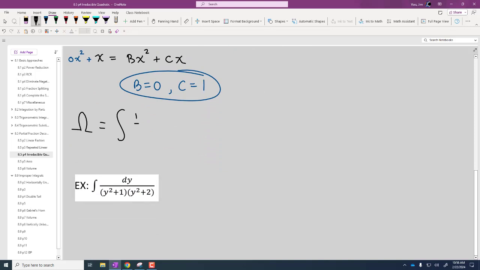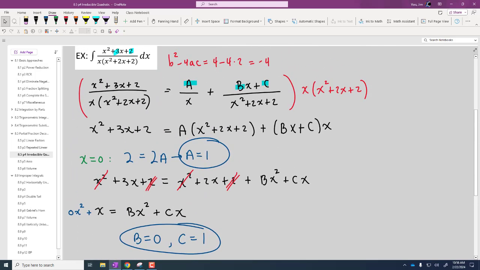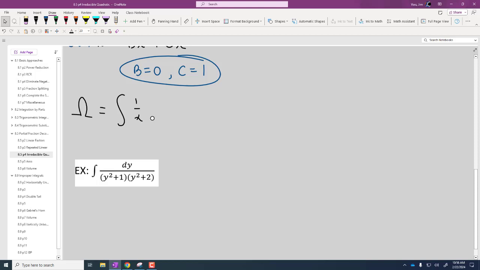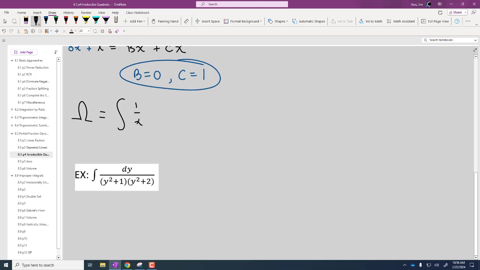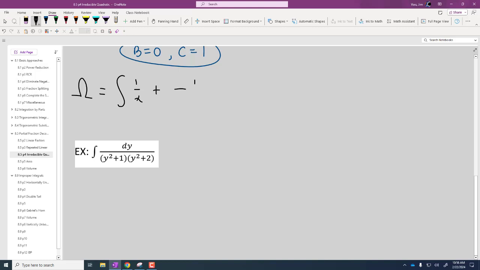So 1 over x. And now we have our irreducible quadratic term. And let's see, we found b to be 0, so it's going to be 0x plus c. So 1 divided by x squared plus 2x plus 2.